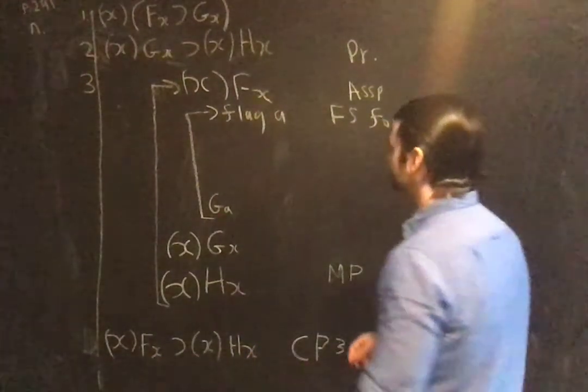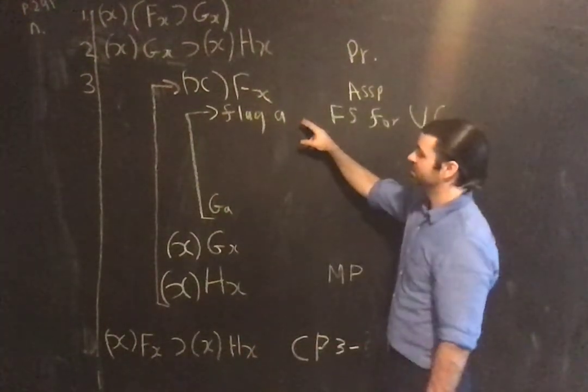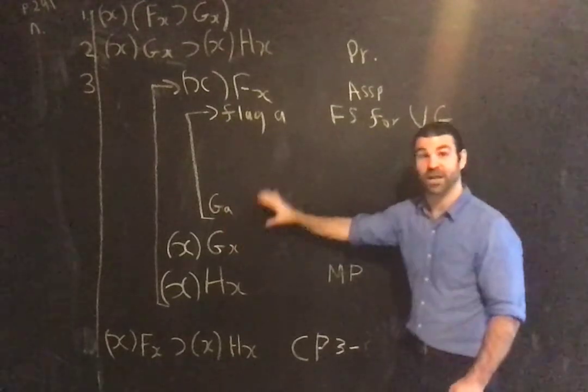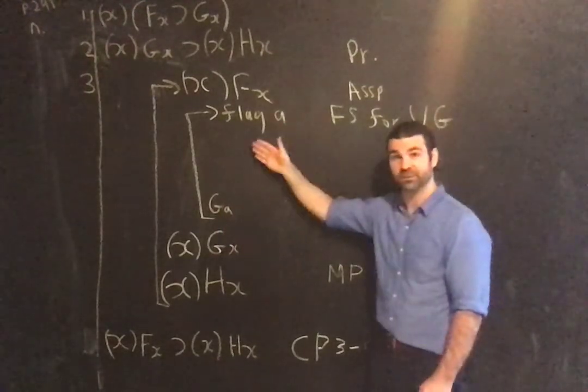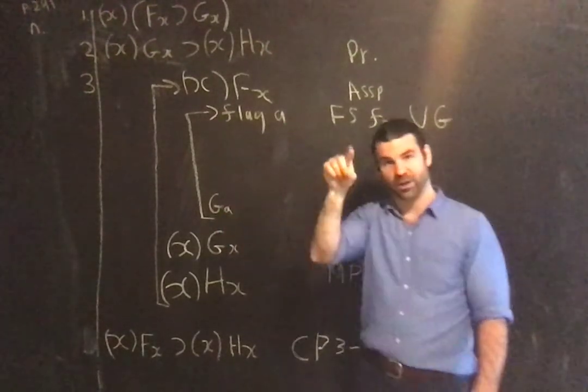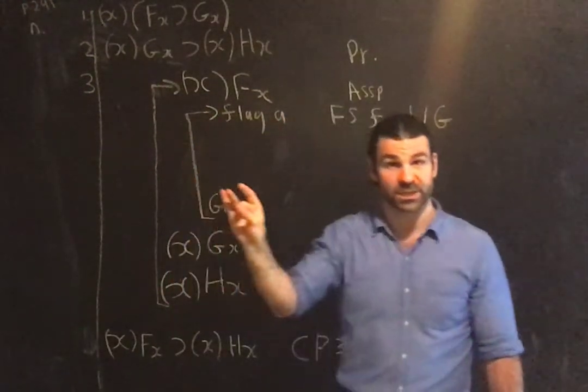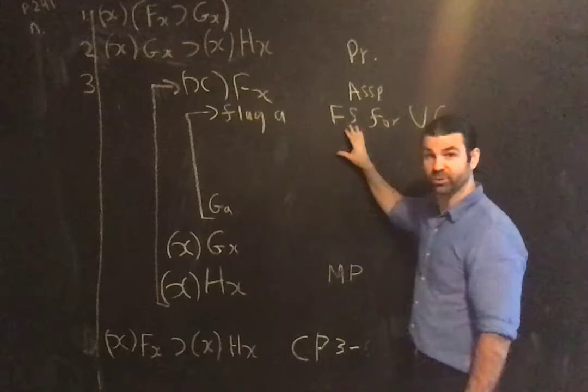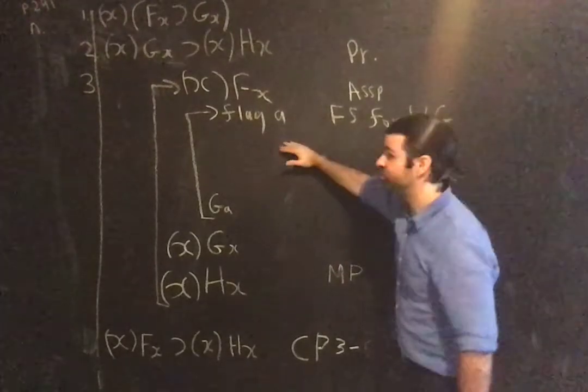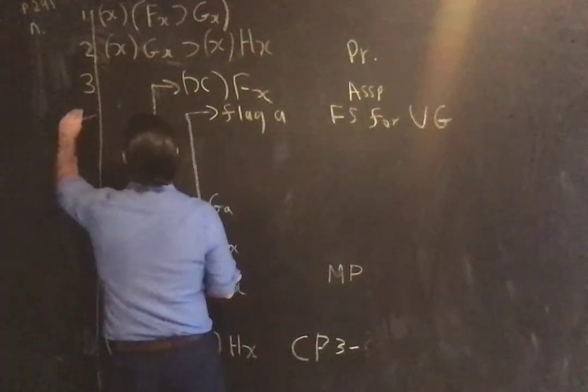Okay? And now it's just, notice that I have here done an application of hard rule before easy rule, set up for UG before doing universal instantiation. I'm going to do two universal instantiations now, right?